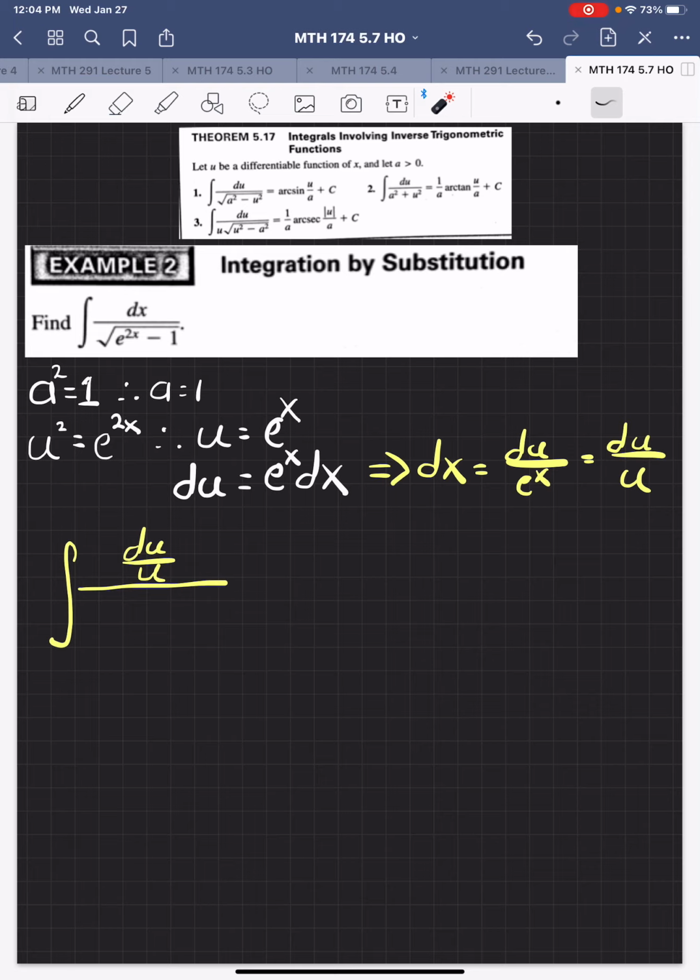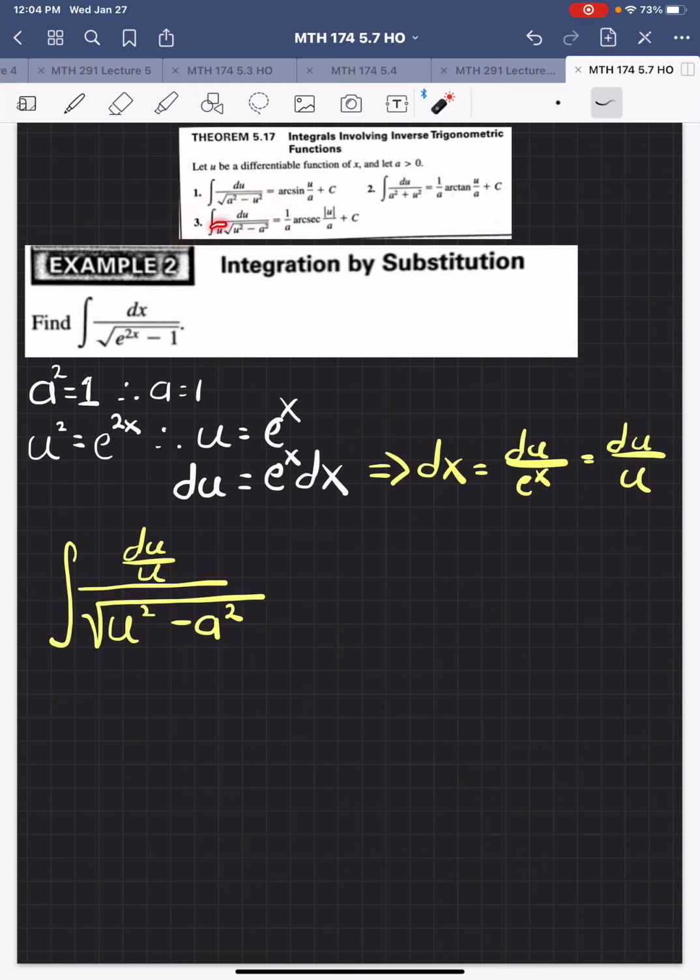Okay, well, I would also have the square root of e to the 2x, so that is u squared minus a squared, and here it is. If the whole time you have been thinking, Professor, how are we going to use arc secant?